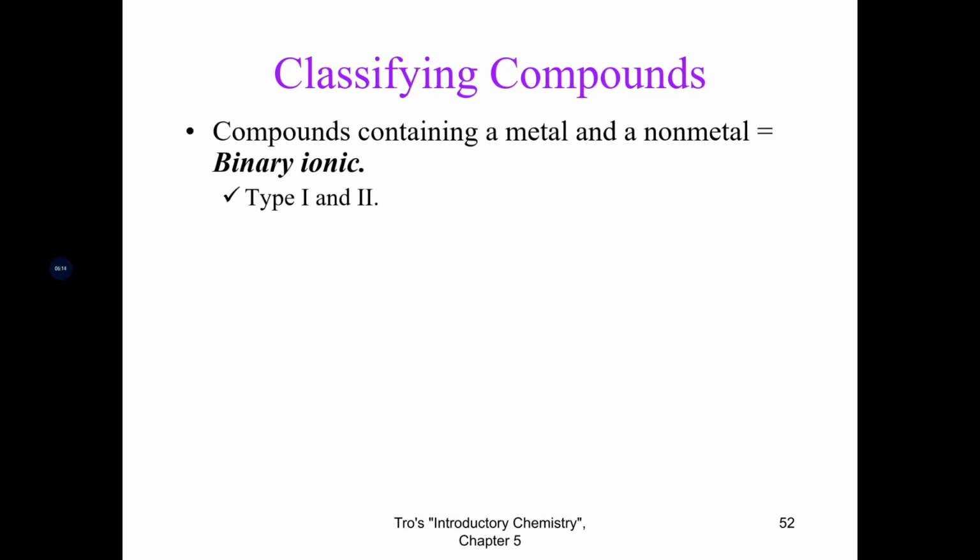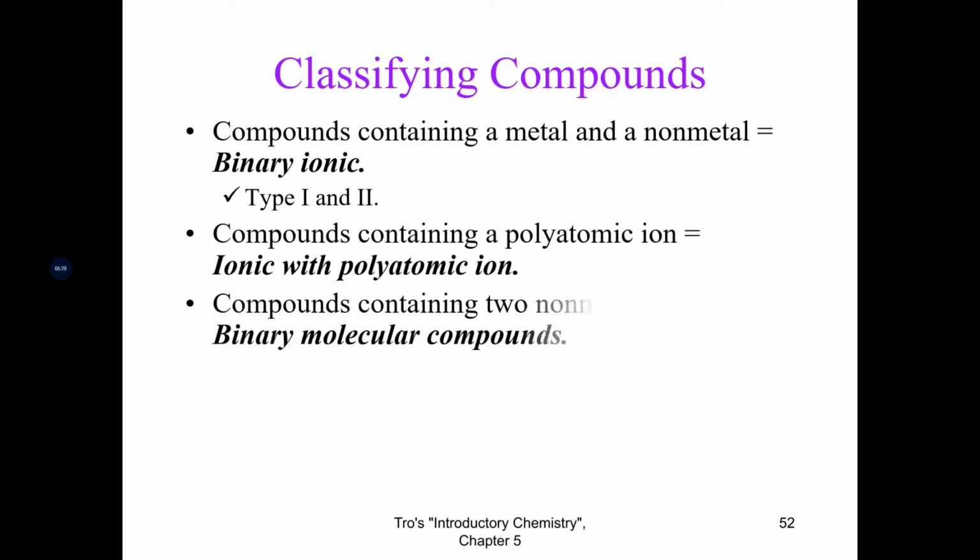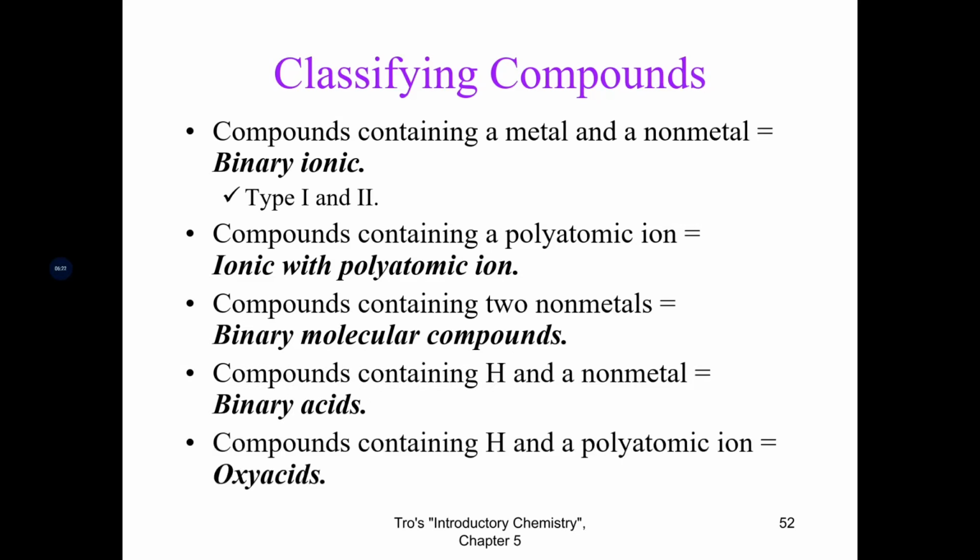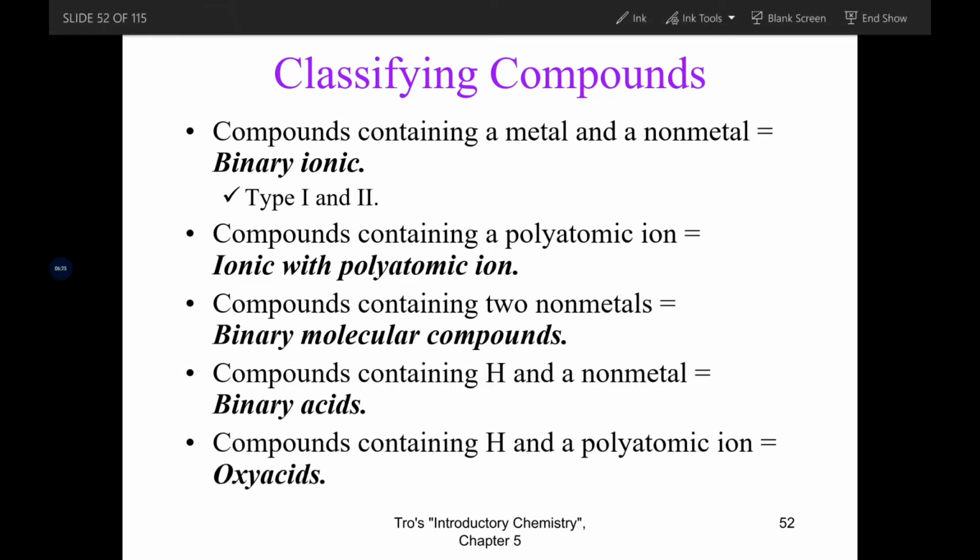All right, so let's take a look at ionic compounds first. We already said that we got a metal and a non-metal with these ionic compounds. So if we were to look at the binary ionic compounds without polyatomic ions now, we are going to divide our compounds into two classes, type 1 and type 2.